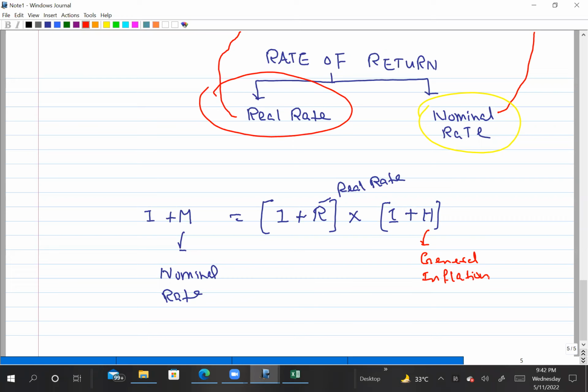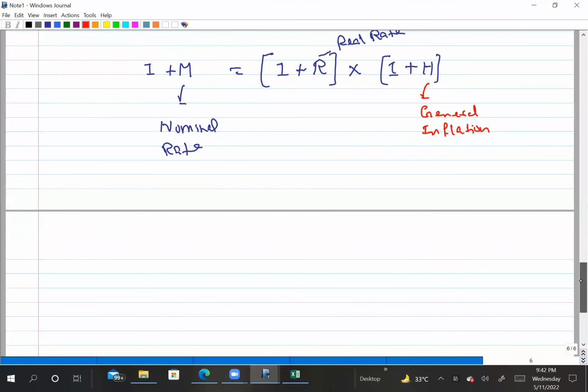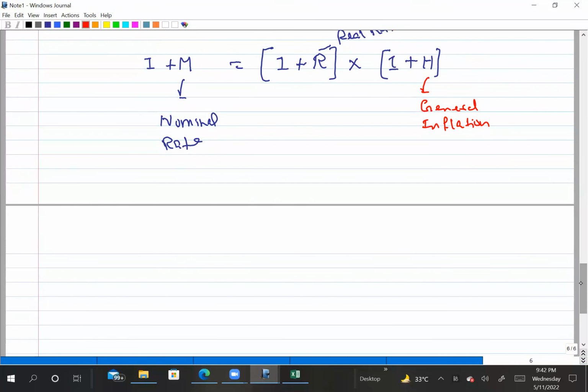Now if I tell you that the real rate is 10% and inflation is 3%, and I want to know the money rate of return, then we can use the Fischer formula.